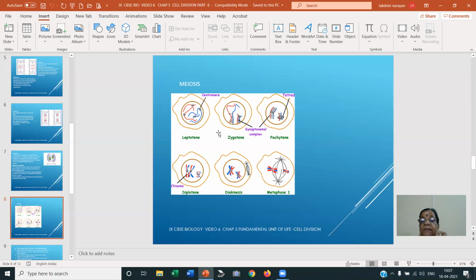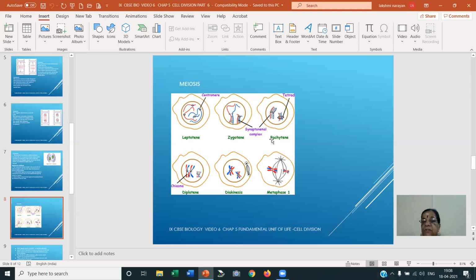Then in the pachytene stage, there is lengthwise splitting of the chromosome, and they are called chromatids. In the diplotene stage, these chromatids are attached at certain points.